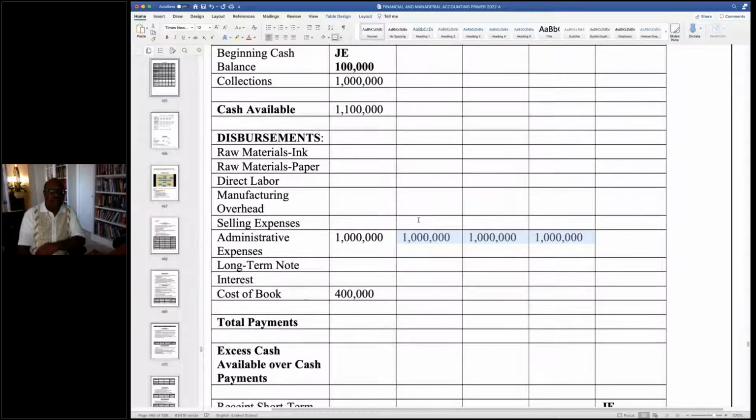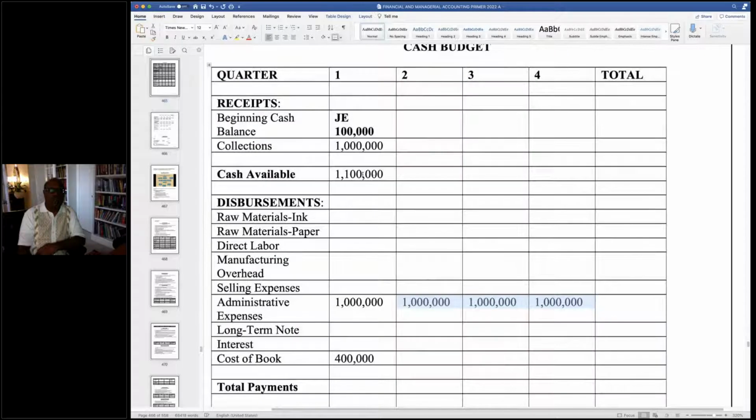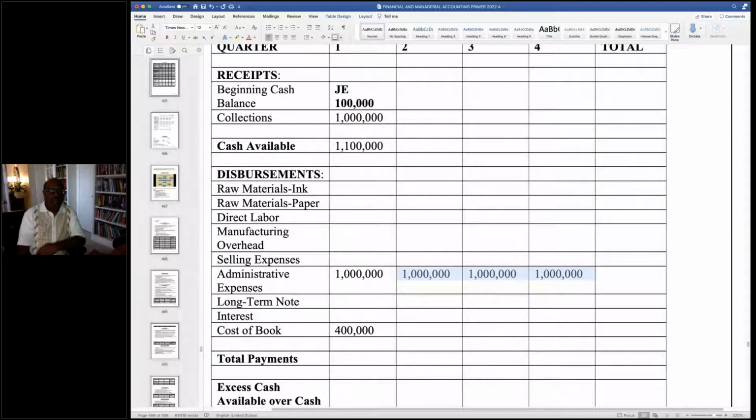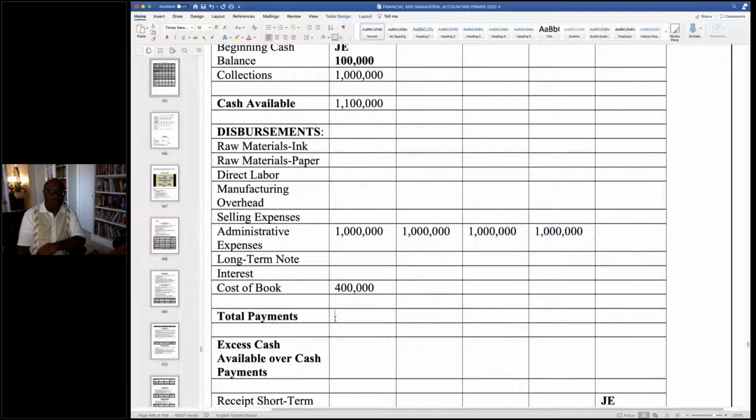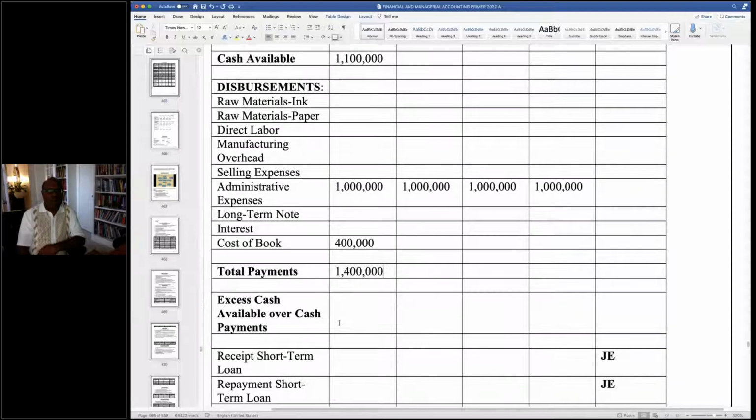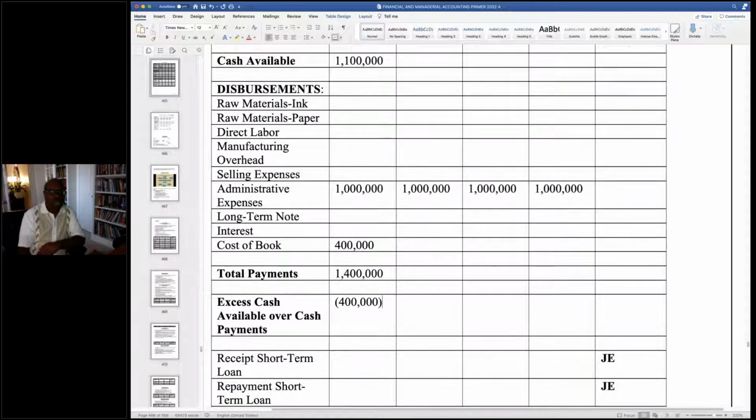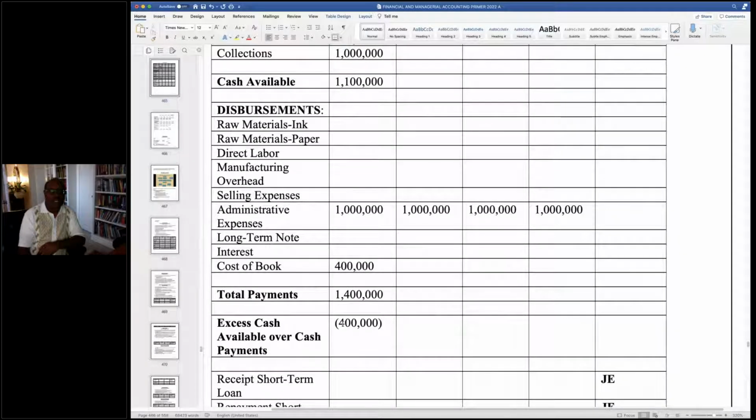So we find that in this first quarter, we got $1.1 million, but we got to pay out $1.4 million. So we're short $400,000. Well, total payments, now we got $1 million. We're short $300,000, because we had $1.1 million and our expenses are $1.4 million.